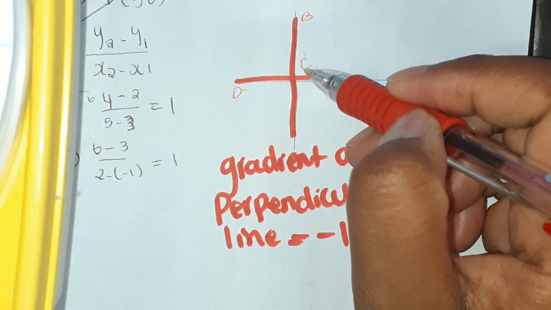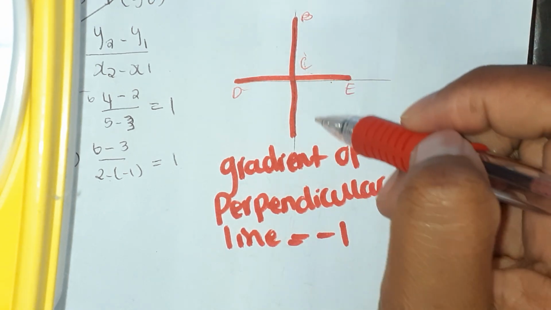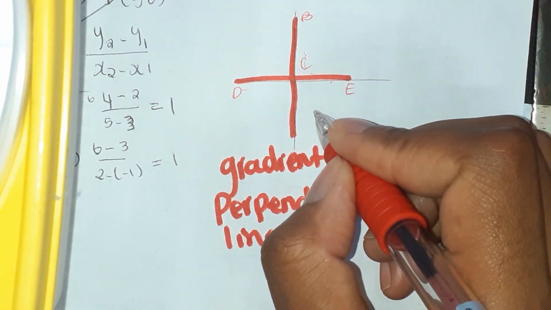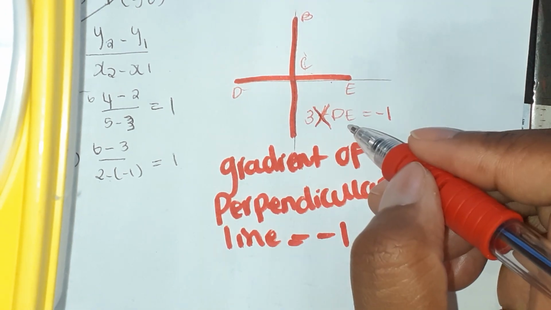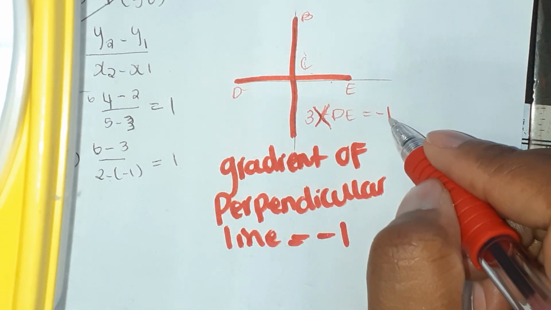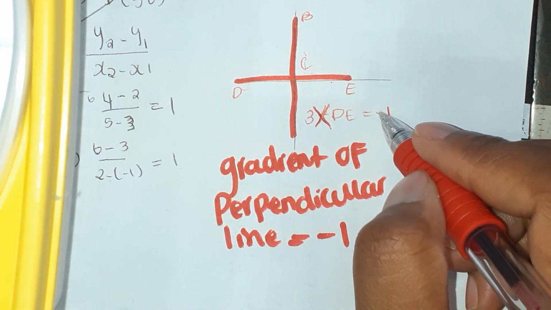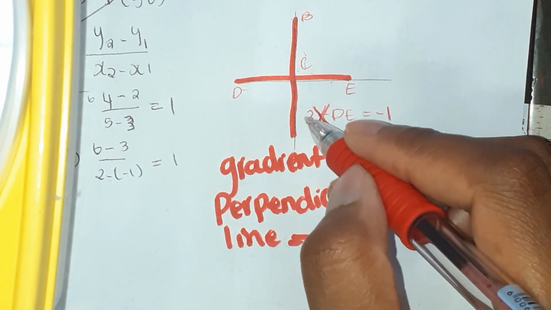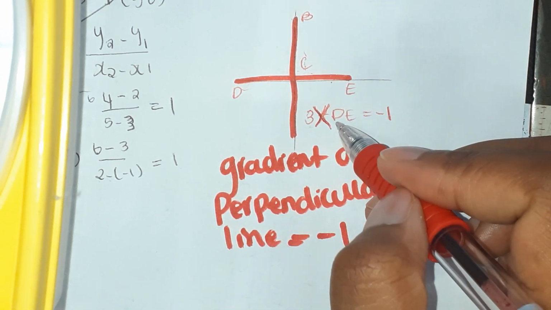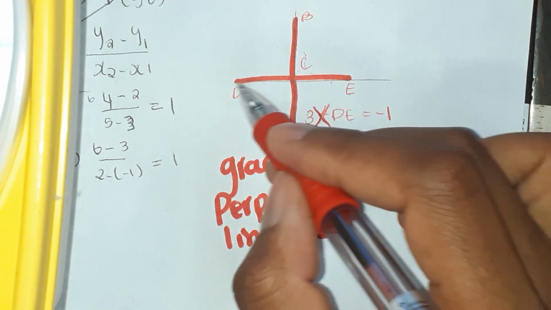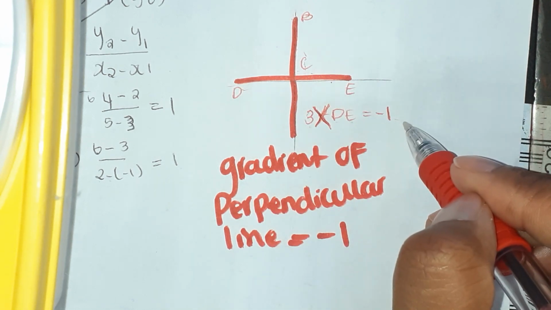So if you have the gradient of BC and you have to find the gradient of DE, you will say, all right, the gradient of these two lines, when you multiply them, they have to give you -1. Sorry if I said when you add them. No, it's when you multiply. So let's say the gradient of BC is 3, and the gradient of DE we don't know, but we know that when you multiply them you get -1.